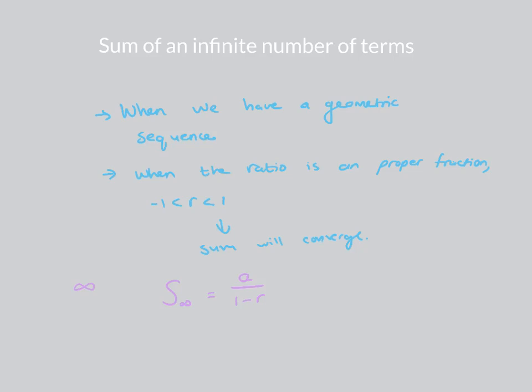So the sum of an infinite number of terms is equal to a divided by 1 minus the ratio. But just take note, first of all, we need a geometric sequence, in other words, there must be a constant ratio. The ratio we can find by term 2 divided by term 1, or term 3 divided by term 2.